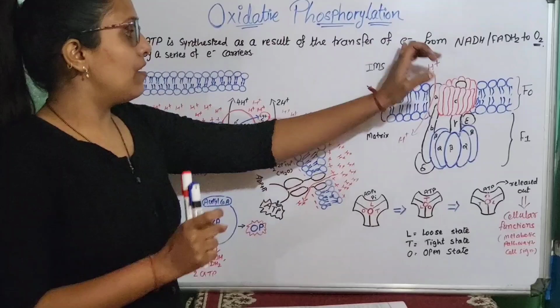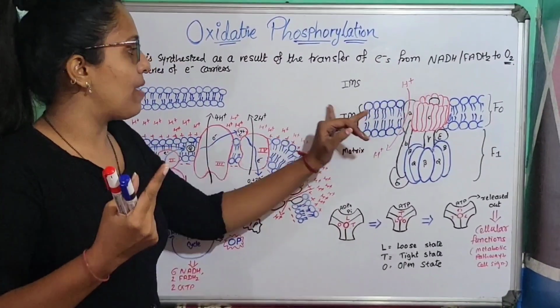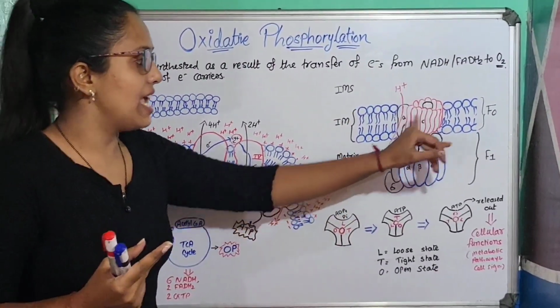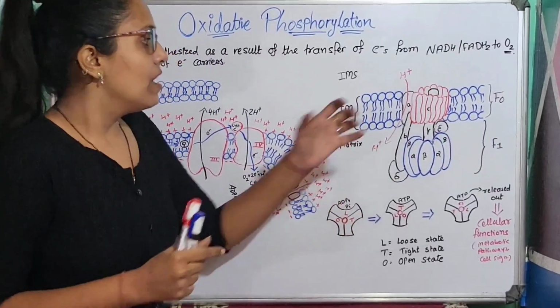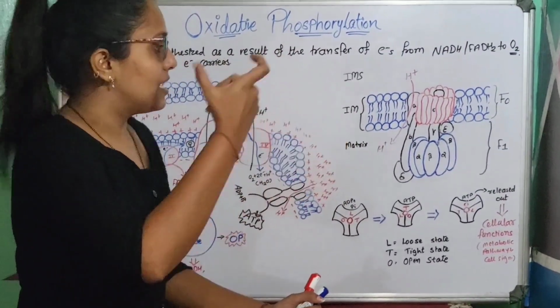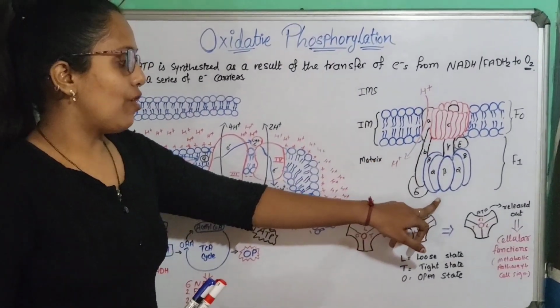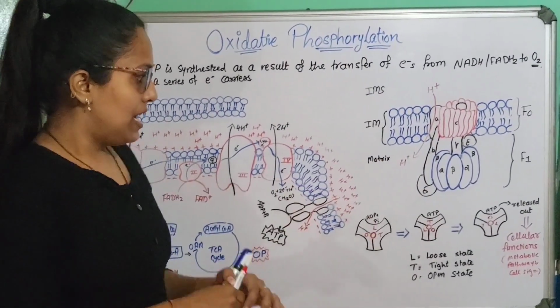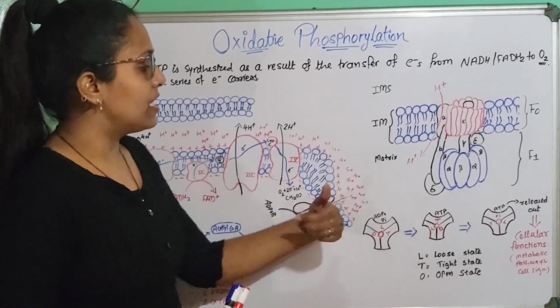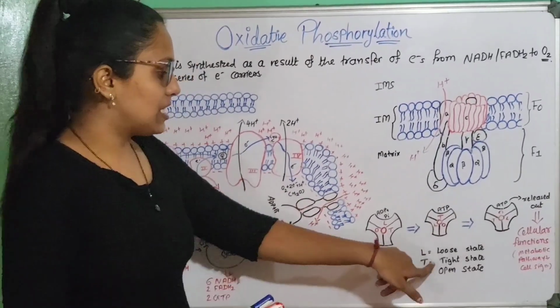Once again, when another second proton passes from the intermembrane space to the matrix via the A subunit of the F0 particle, the C ring rotates, allowing the rotation of gamma, followed by the beta subunit rotation. Now the beta subunit exists in its second conformation state, that is the tight state.